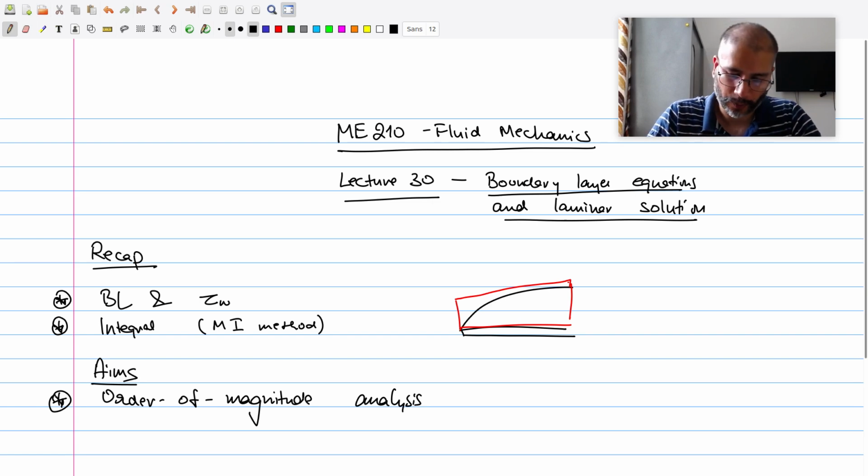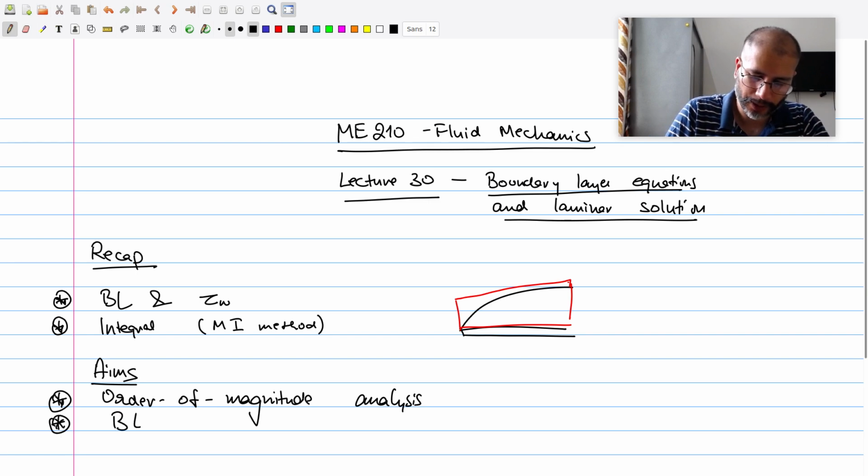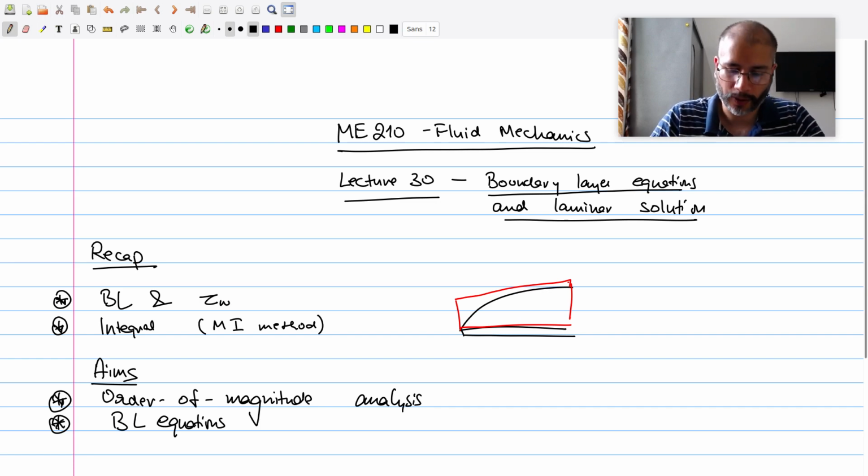That is a very important idea, and that helps us develop the boundary layer equations. So then we'll talk about the boundary layer equations, which are ultimately going to be solved. So these boundary layer equations are some special form of the Navier-Stokes equations. Okay, so by applying the idea of order of magnitude analysis, we'll be able to get these boundary layer equations.